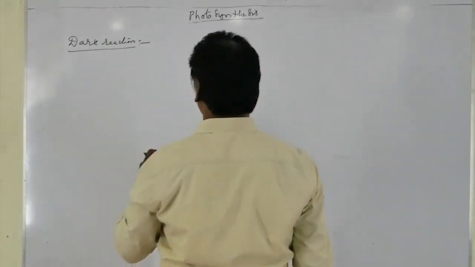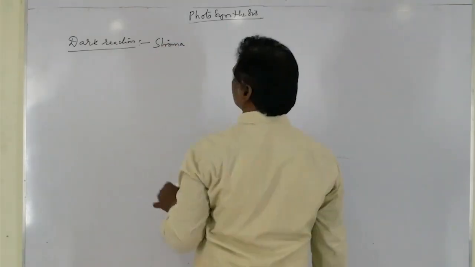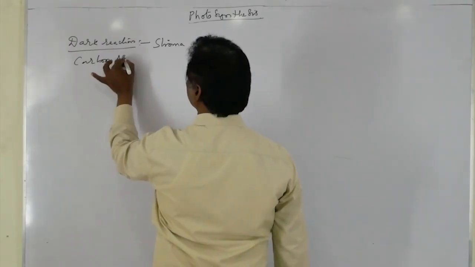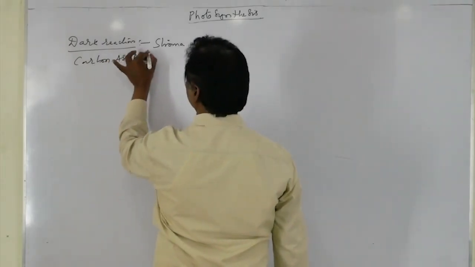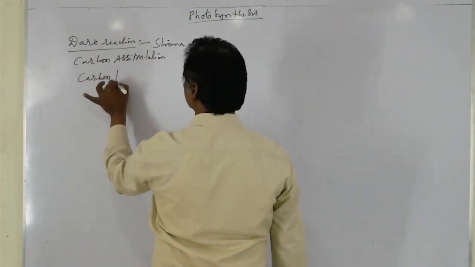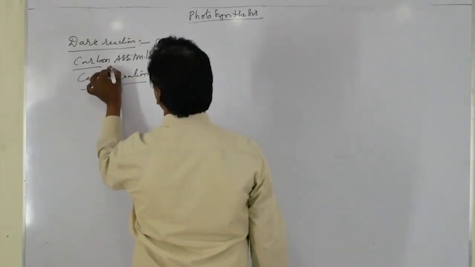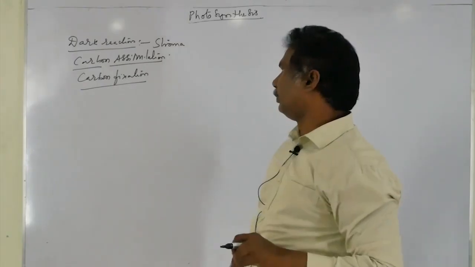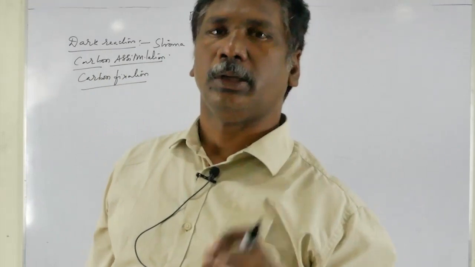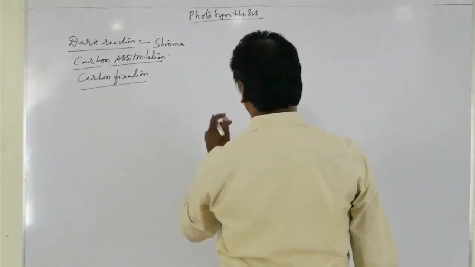The dark reaction takes place within the stroma. The dark reaction is also called carbon assimilation or carbon fixation. It takes place within the stroma of the chloroplast. What happens during the dark reaction?